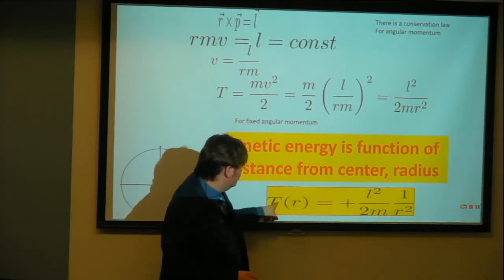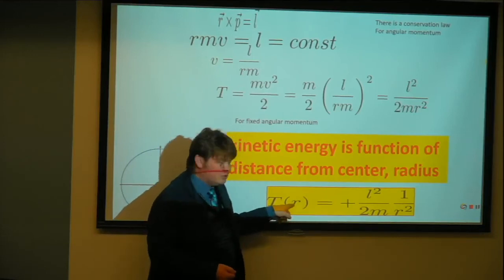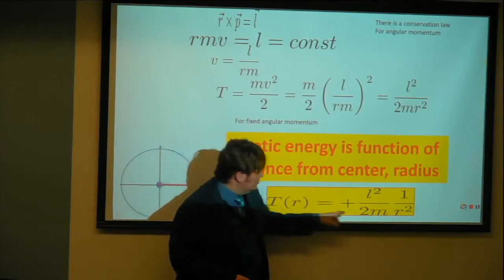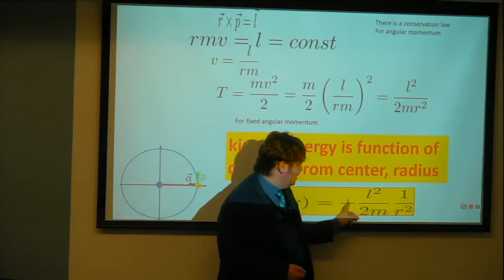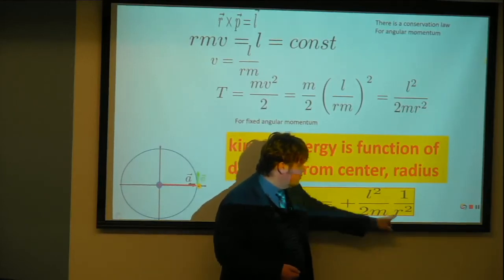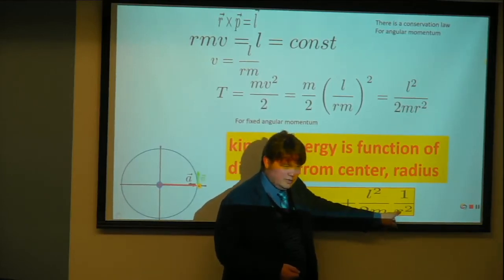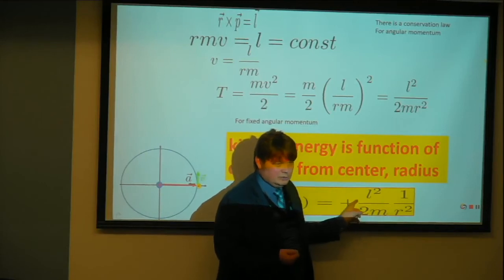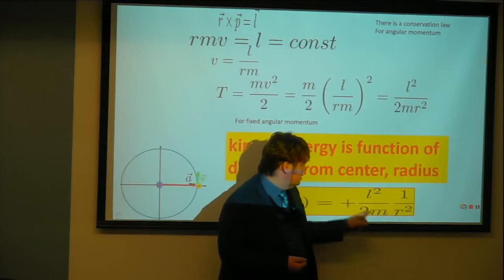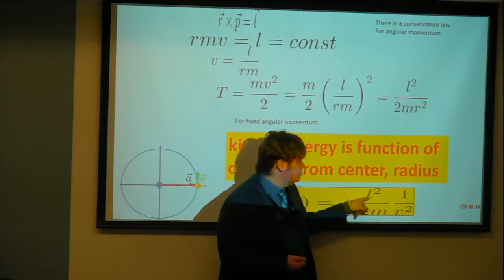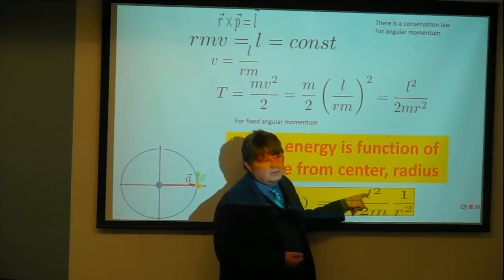And I'm looking at the kinetic energy as a function of distance. So the kinetic energy is inversely proportional to the radius squared, and kinetic energy is always positive. And it is proportional to the square of angular momentum, which is conserved.